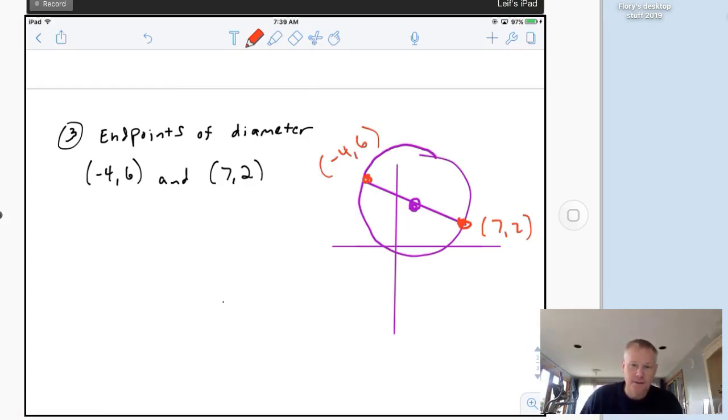Okay, so I have this lovely diagram over here, which shows that the endpoints of the diameter would be negative 4, 6, and 7, 2.